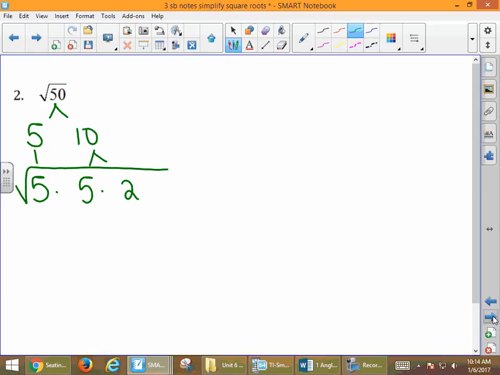So 50 is 5 times 5 times 2. Do we have two of the same value? Yes. Two of the same value, we take out 1. We have a single 2 that's going to stay underneath the radical.